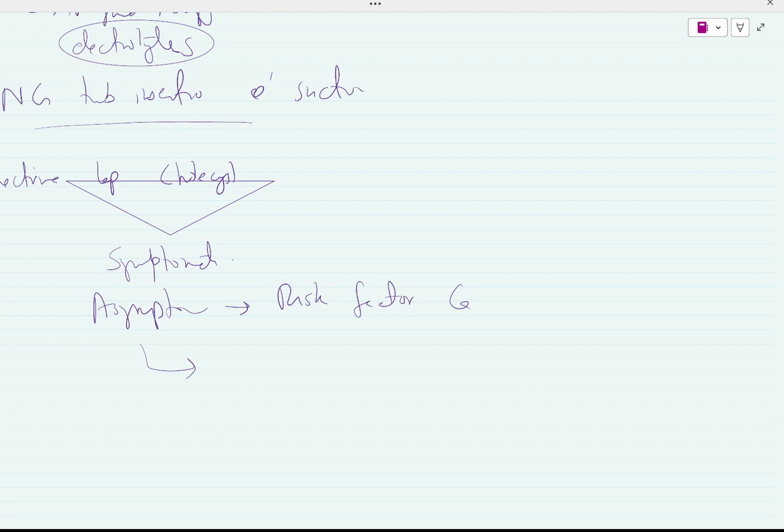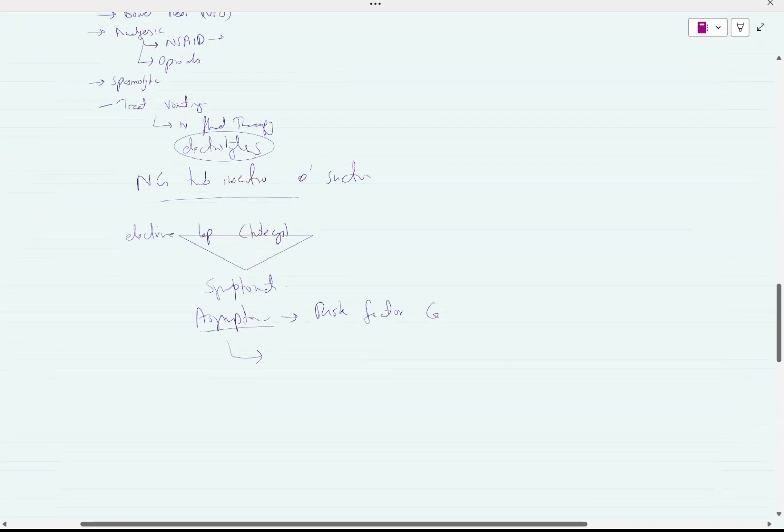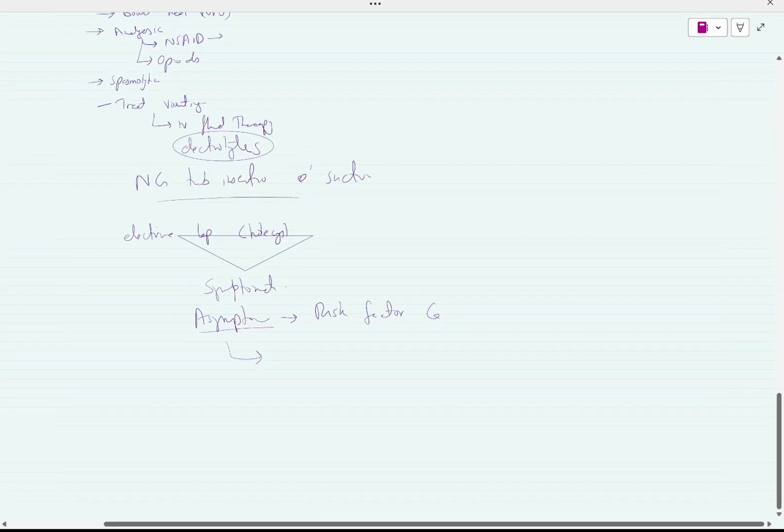As I already told you, in an immunocompromised patient there is very fast development of complications. Next, when there are multiple gallstones but no complications and no symptoms, you will also consider elective laparoscopic cholecystectomy. So that's all for elective laparoscopic cholecystectomy.